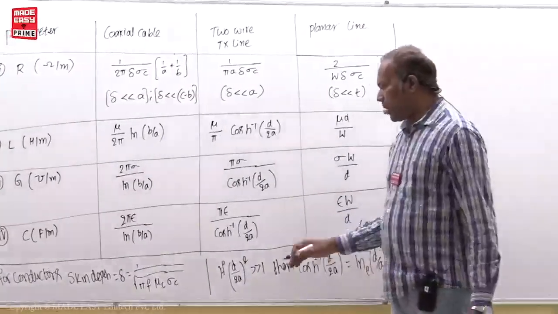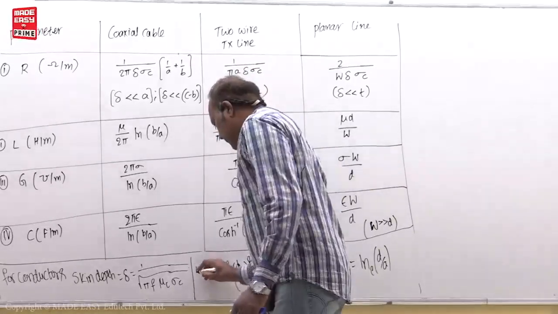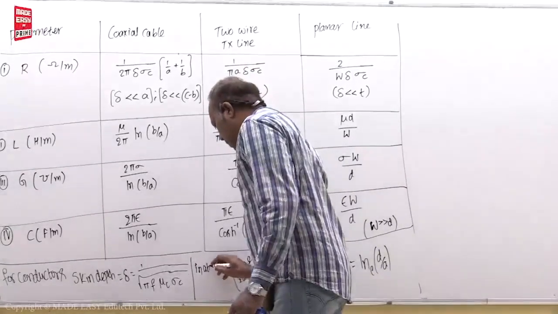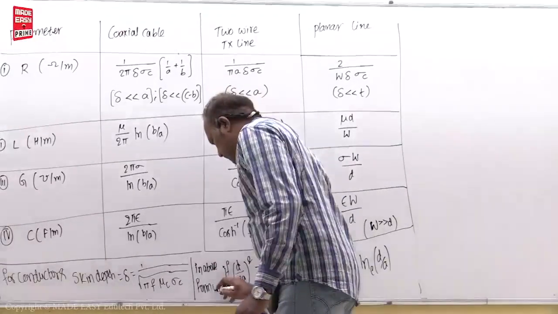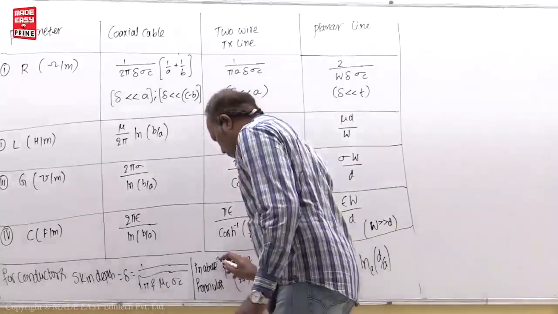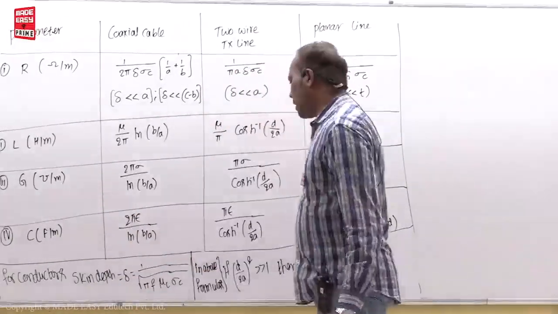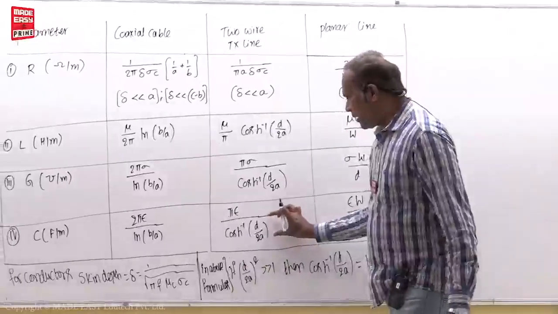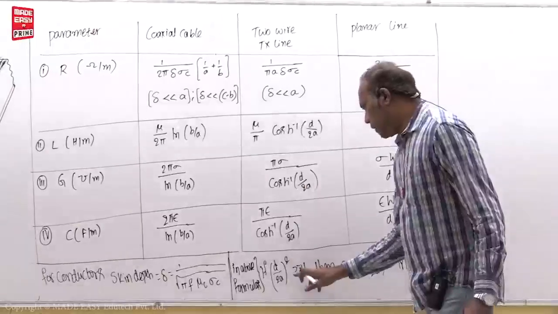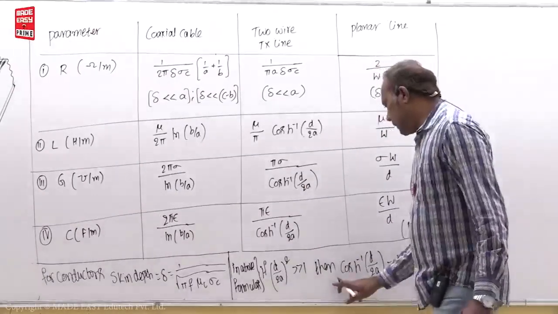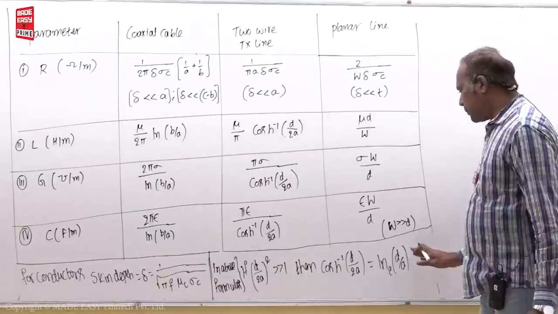So in the above formulas, if (d by 2a) whole square is much greater than 1, then cosh inverse of d by 2a becomes ln d by a.